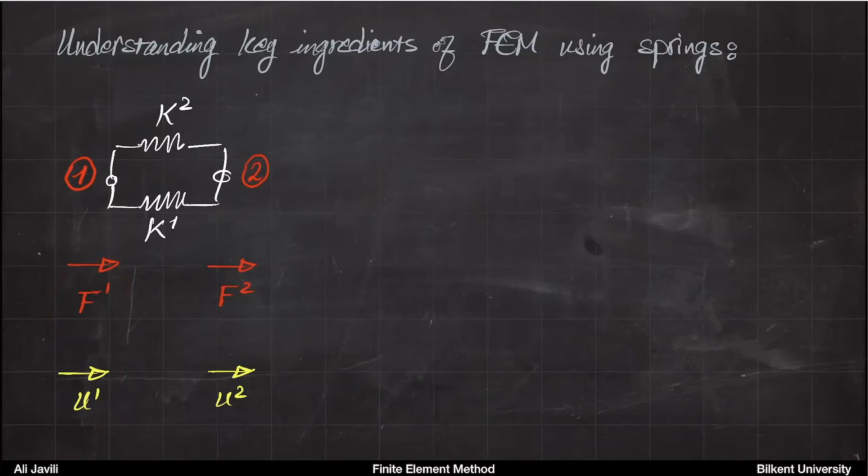So if I write that, then basically I can say F1 would be F1, let me just do it in parentheses. And the parenthesis basically indicates that the quantity inside is the element number. The same for F2. So F2 is F2 from spring 1, or from element 1, plus F2 from element 2.